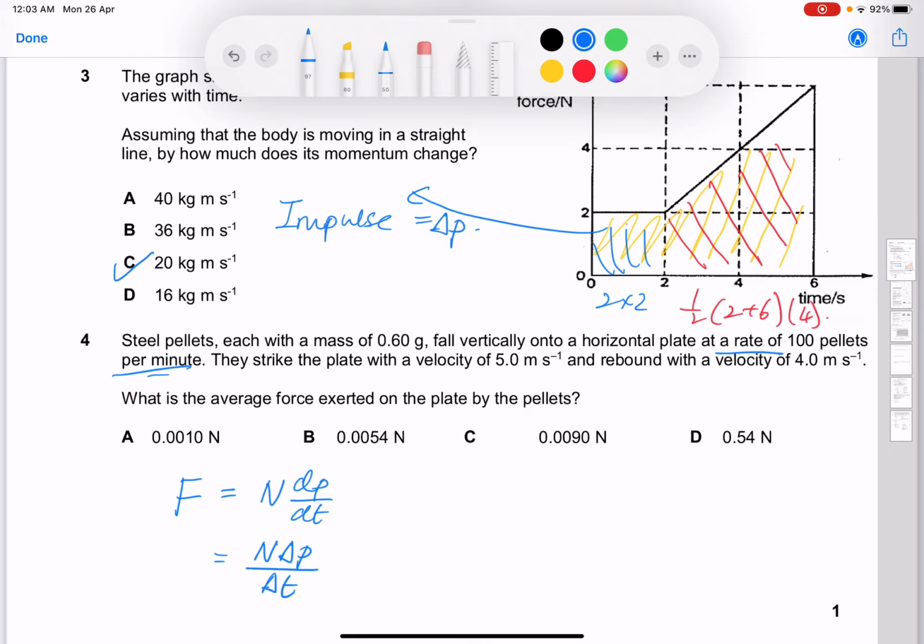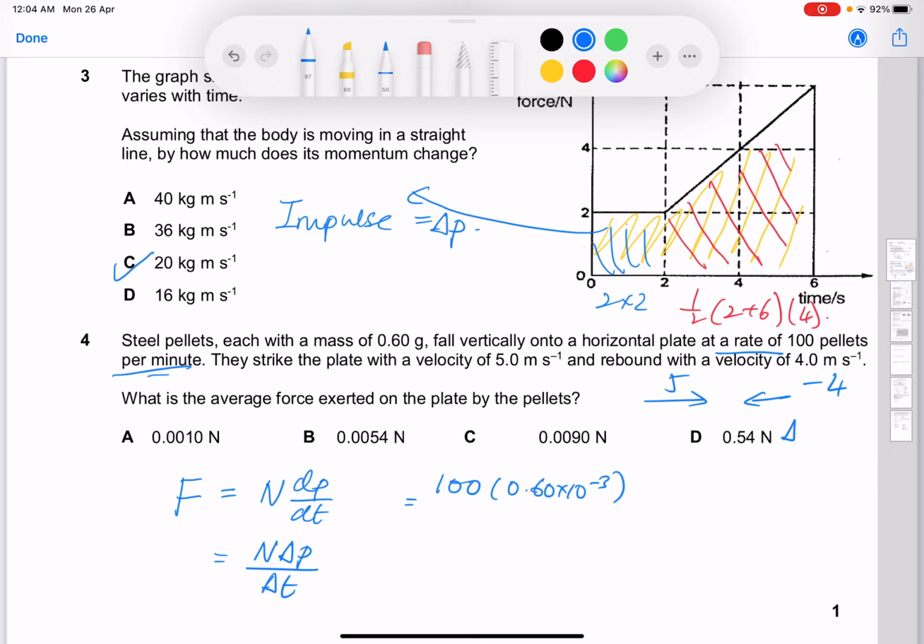How many pellets are there? There are 100 pellets, and the change in momentum for each pellet is the mass times the change in velocity. Take note that for the velocity, the pellets come in at 5 meters per second, and then rebound with a velocity of 4. In terms of the velocity, it's in the opposite direction, so it's actually minus 4.